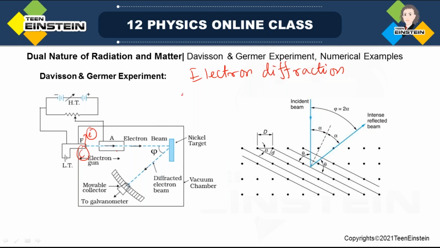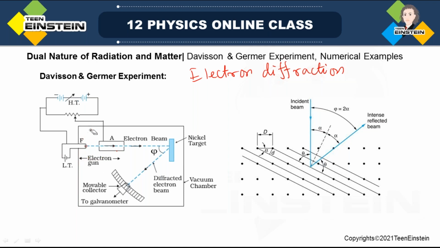And this is a hollow tube kind of thing, which is actually the anode. Between the cathode and anode, a suitable potential is applied through this high tension. You look here, this is the potential divider circuit, or maybe you can say a rheostat. You can change the potential difference between this filament and this anode.